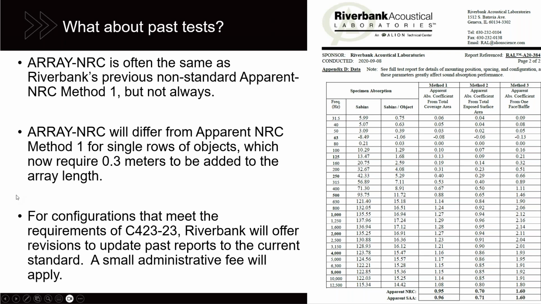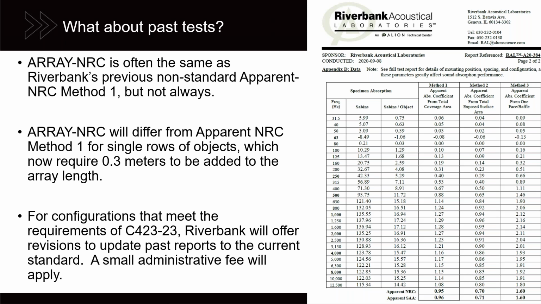For previous tests of configurations that meet the requirements of this new standard, we will offer revisions to update the past reports to the current standard. There's going to be a small administrative fee for this. I will tell you, it's basically us doing it at cost. We're happy to update those old reports to put them in compliance with the new Array-NRC.